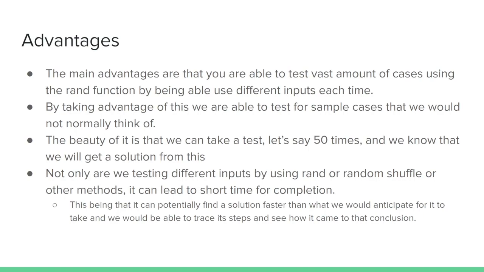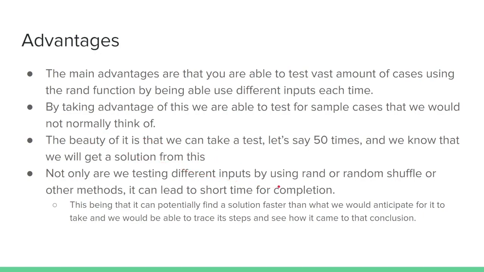And not only that, but we're using the rand or rand shuffle function in these methods. So in these methods, we're constantly using the rand function to generate random numbers or rand shuffle to randomly shuffle arrays, or different things that we may be testing. Let's say we're trying to find a hidden string for a prefix of it; then we can random shuffle, let's say, 5 characters each time, and then test and ask for inputs on these.